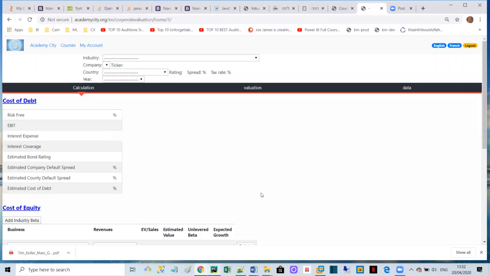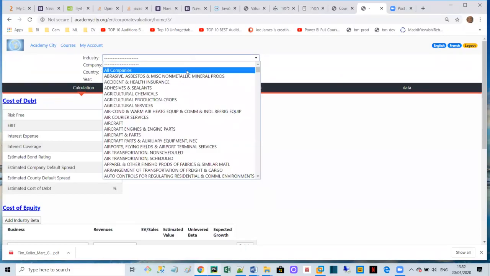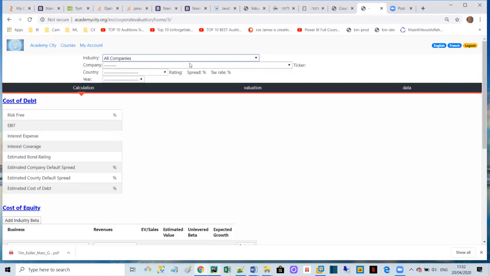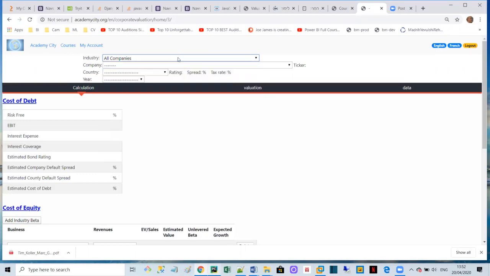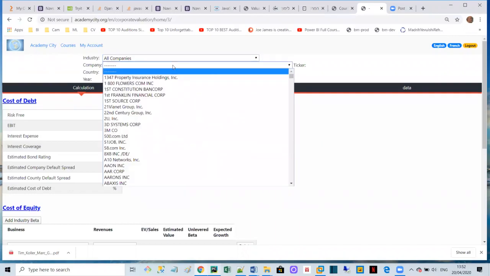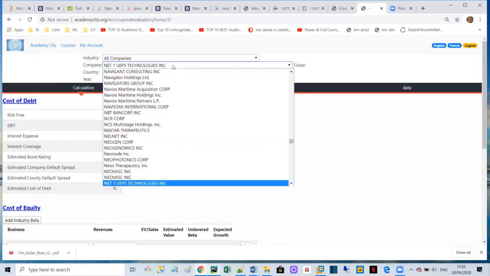Let's say I want to do evaluation for a company. For example, Netflix, okay? I choose all companies. I don't remember which industry it is. If I know the industry, I can choose a specific industry, and then it shows me all of the companies in that industry. For now, I don't really remember which industry it belongs to, so I'm just going to type Netflix.